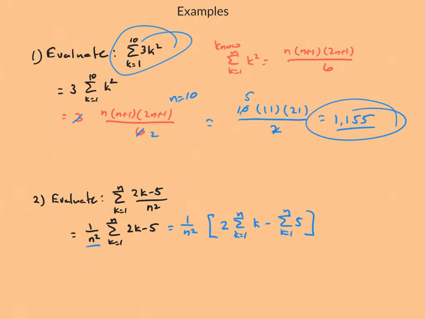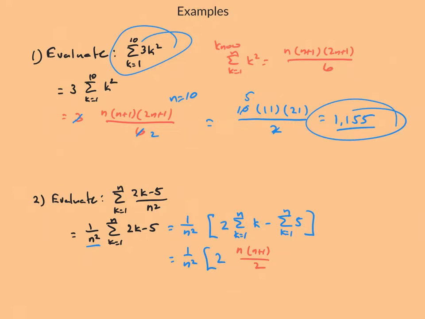I have a formula for this portion right there. I know that in this case that's going to equal 1 over n squared times 2 times this portion right there, which is going to be n times n plus 1 over 2.